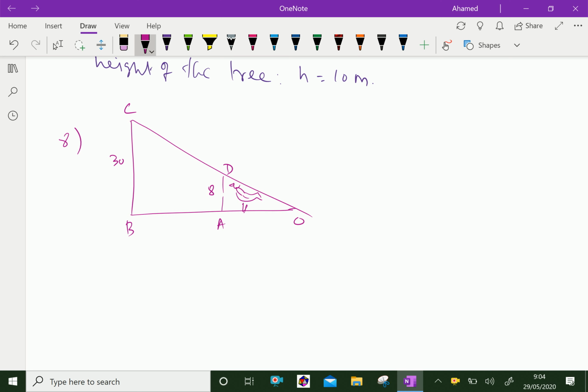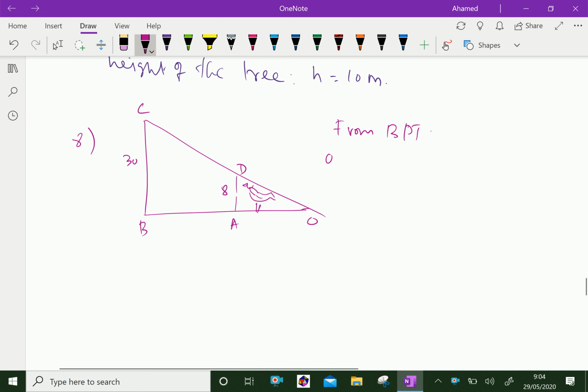From basic proportionality theorem, BPT, OA by OB equal AD by BC.